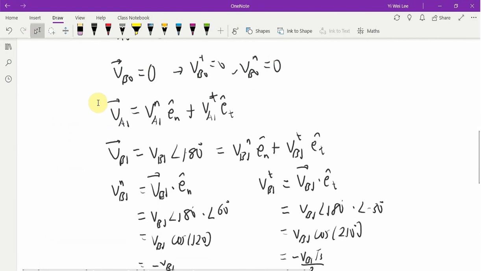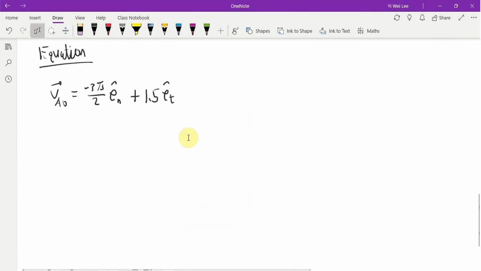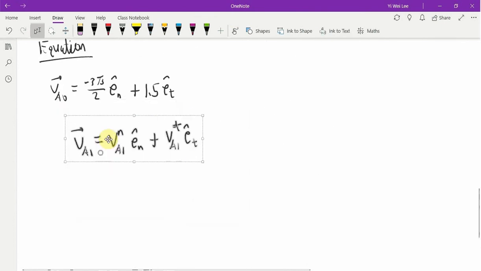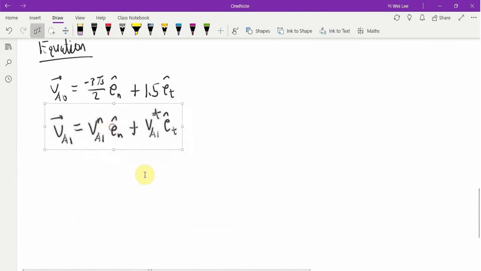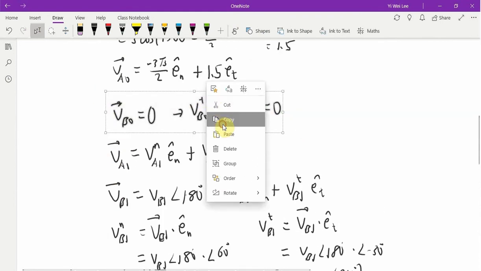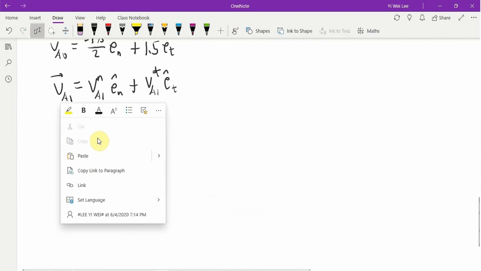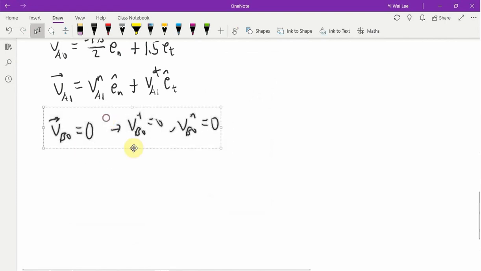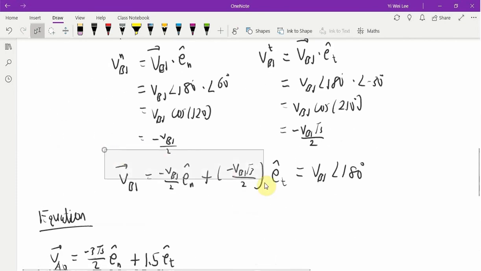We have the equation for VA1. We have the equation for VP0, which is 0, but this is actually one of the simplest equations. And we have the equation for VP1.